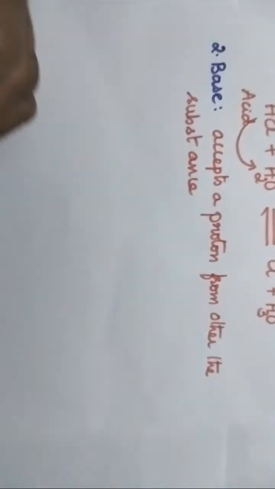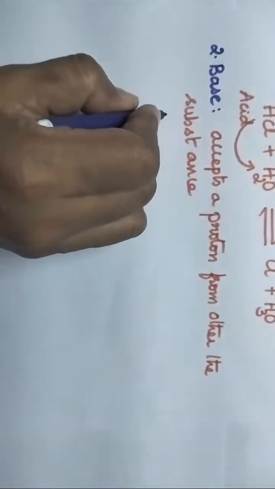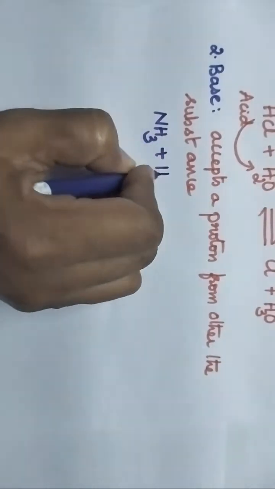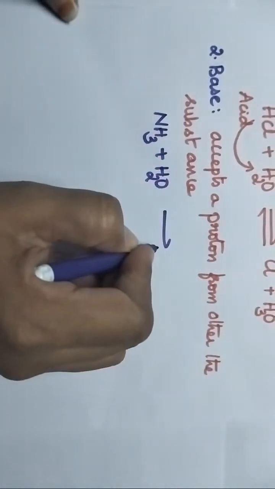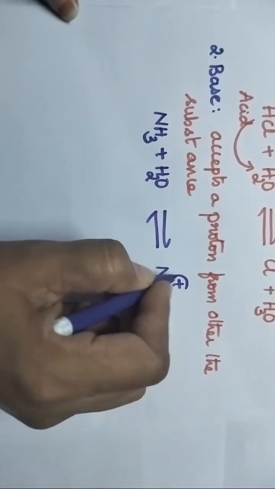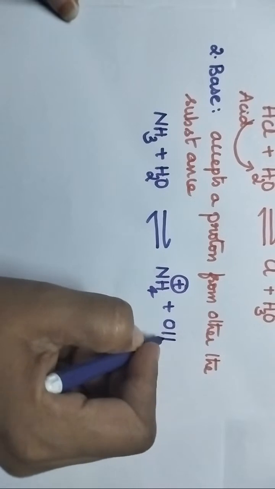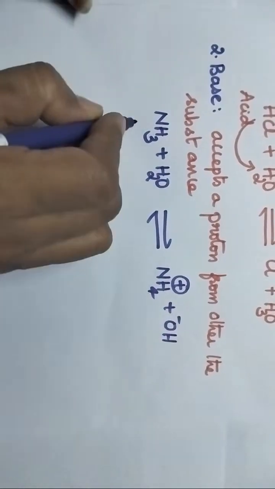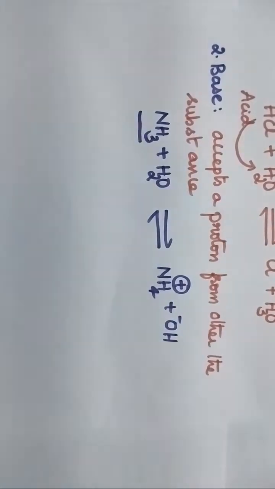Let us consider one good example: whenever ammonia is treated with water, what happens? This ammonia gains a proton from the water and results in the formation of ammonium ion. So in that context, ammonia is a base.